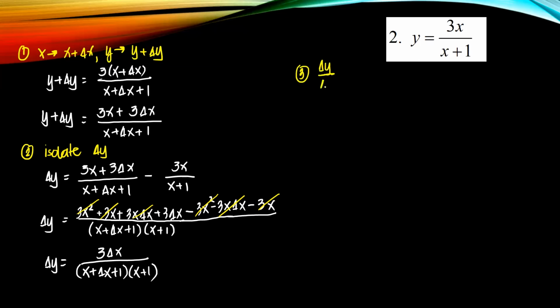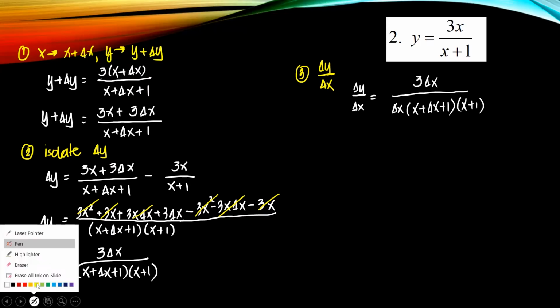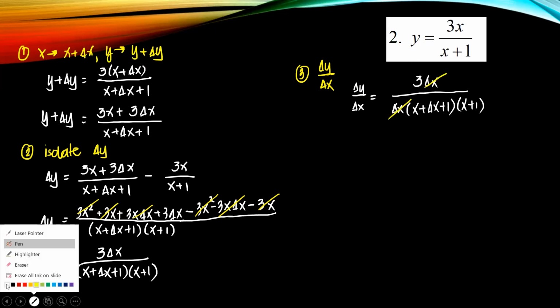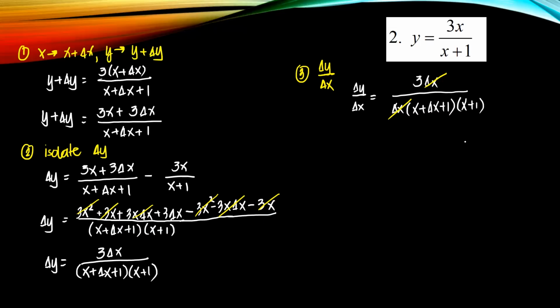Diba? Obtain this form, divide everything by delta x. So that means delta y over delta x is equal to 3 delta x, x plus delta x plus 1, x plus 1. You will notice that you can cancel out terms. The delta x cancels out. And then, yan na lang, tapos na.